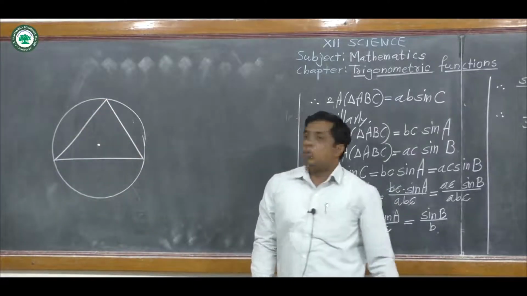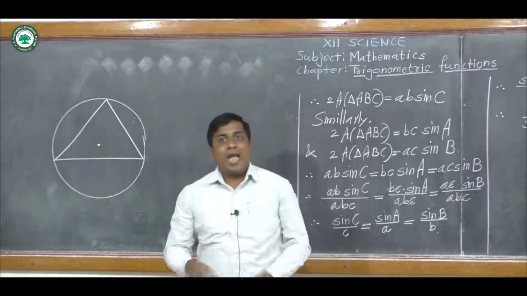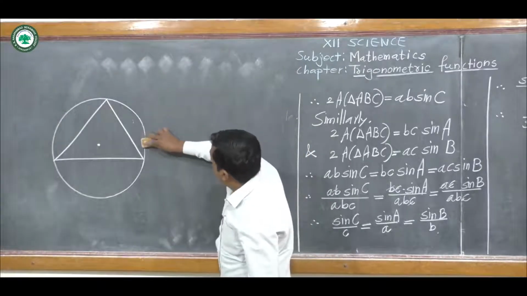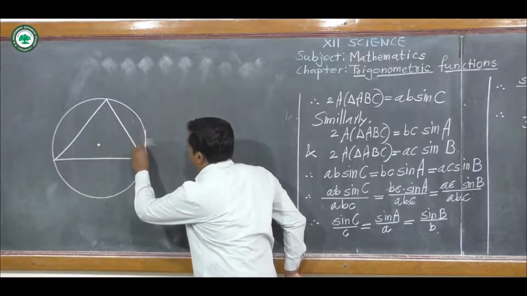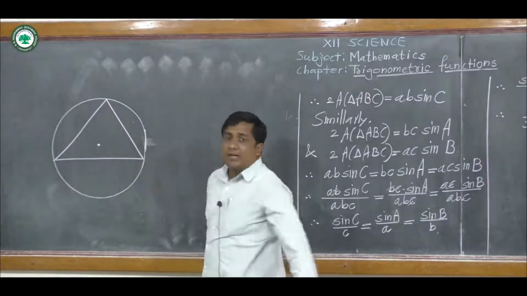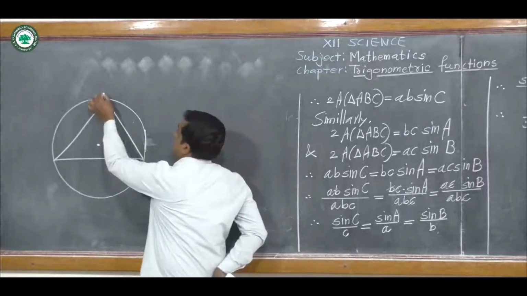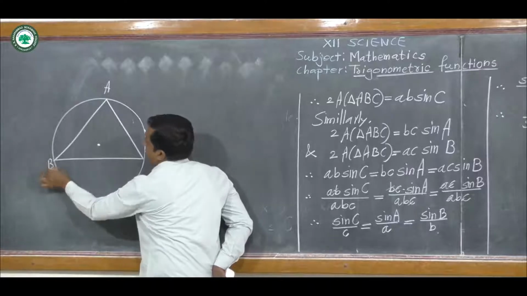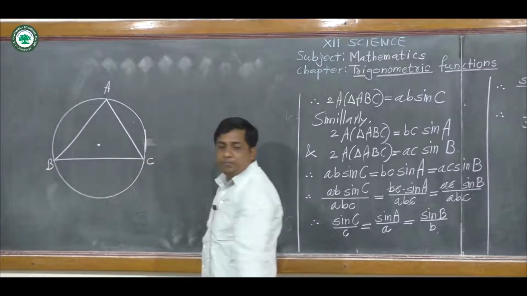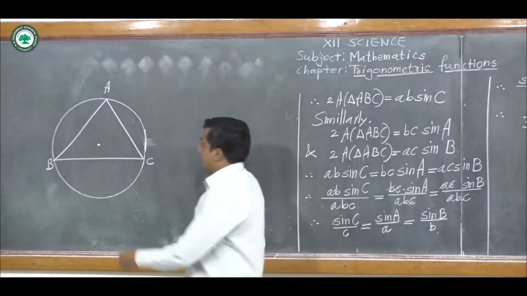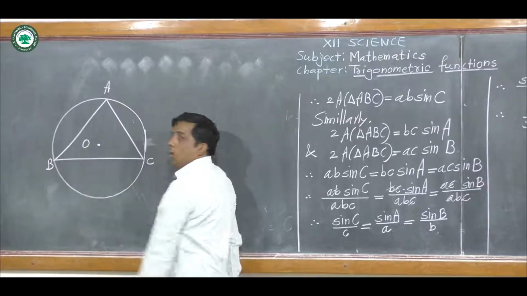We consider one circle, and in that we consider one triangle. Let us consider this triangle is ABC. Here the center is at origin O.